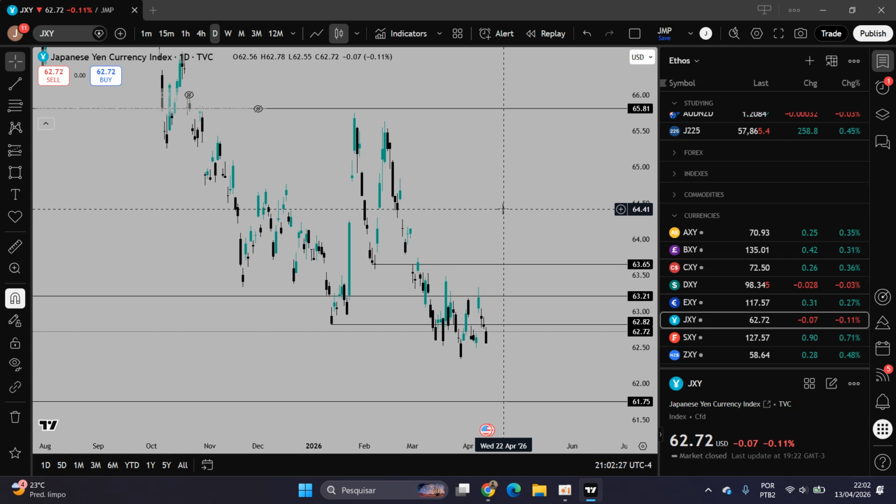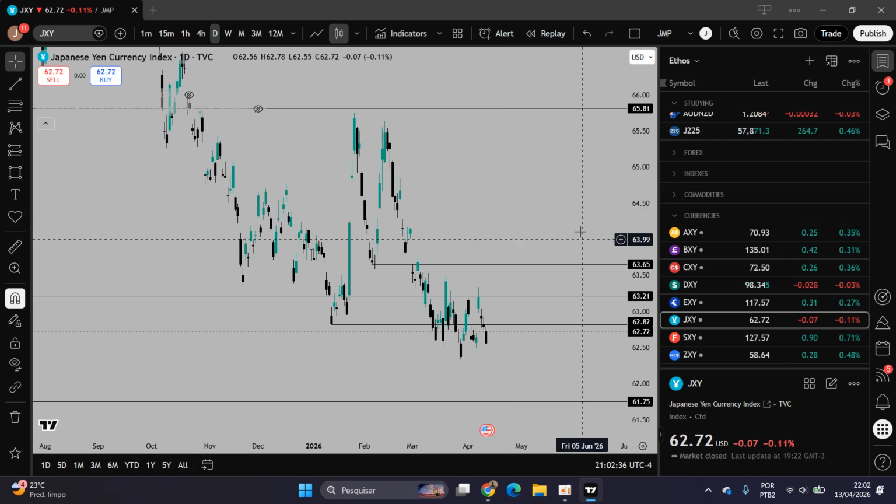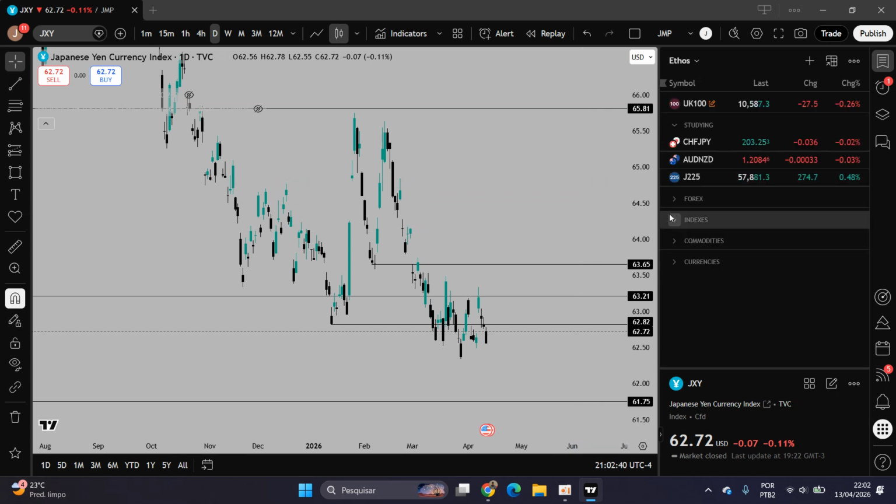So if the CHF is dropping and the JPY is dropping, the CHFJPY is not going to be a really bullish pair.